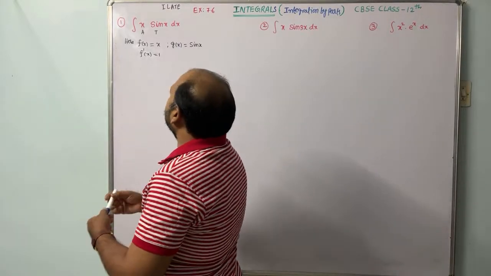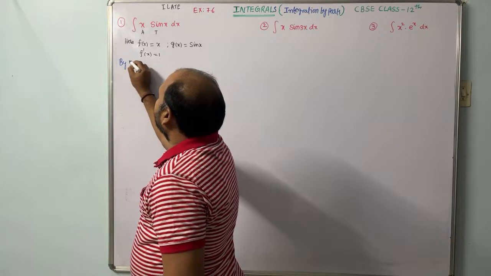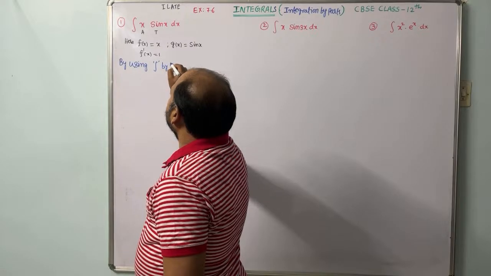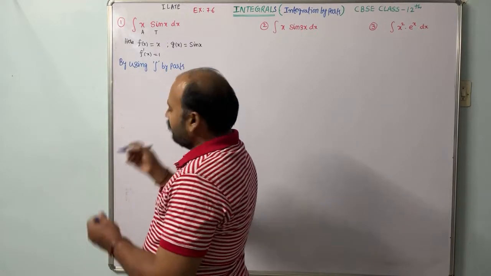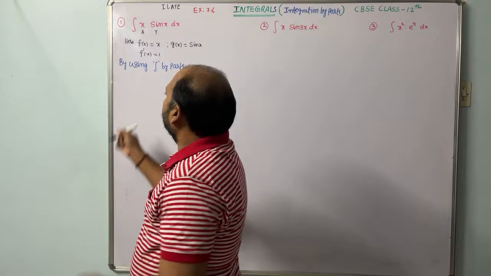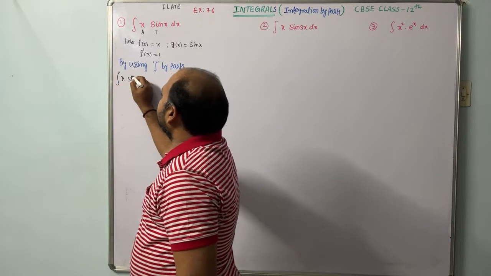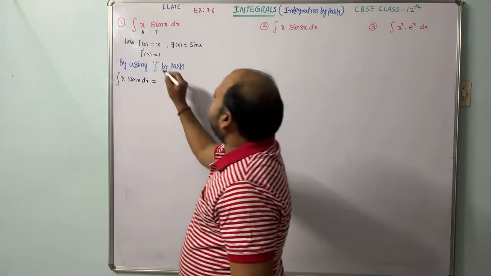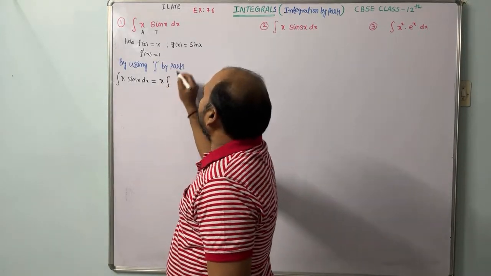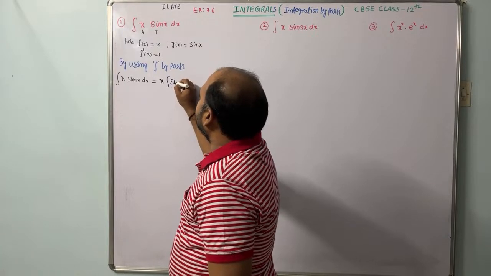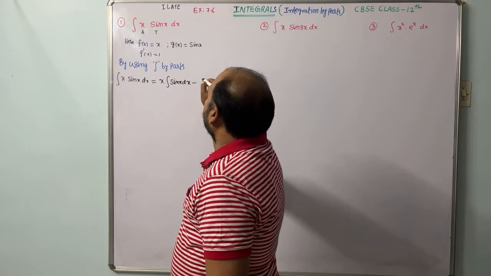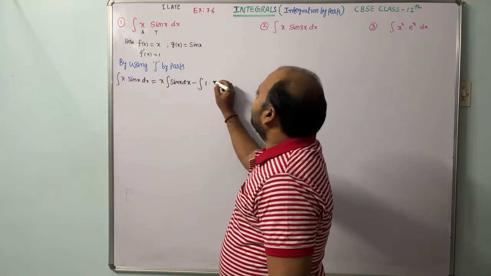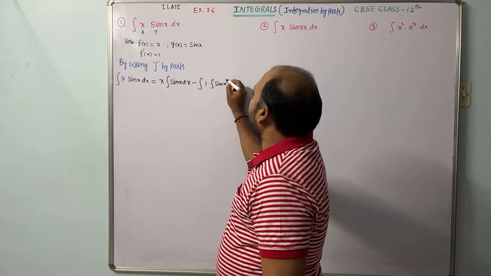So by using integration by parts, we need to apply the formula directly. Integral x sin x dx is equal to f of x, which is x, into integral g of x, integral sin x dx, minus integral f dash of x, which is 1, into integral sin x dx, whole dx.